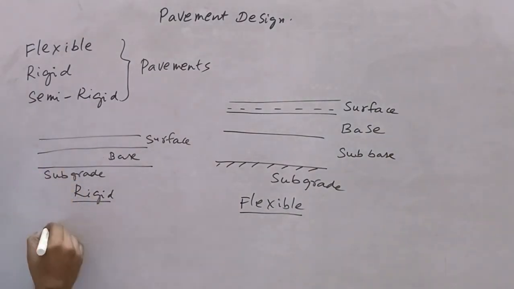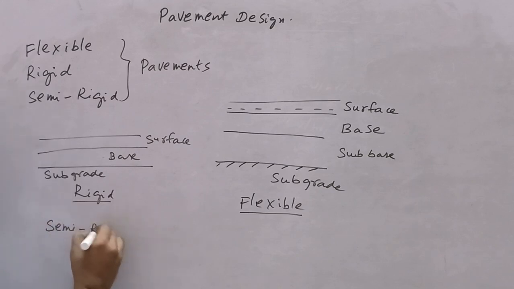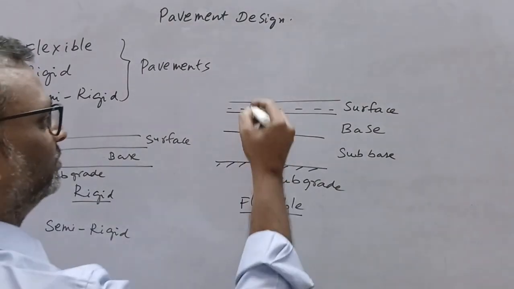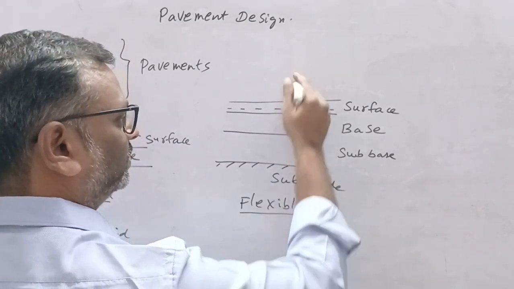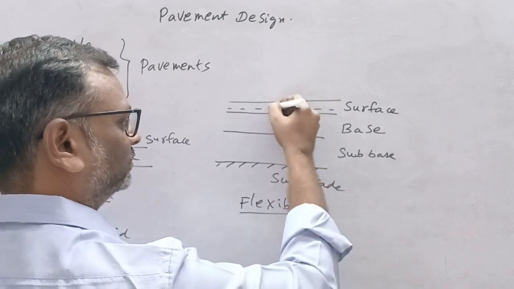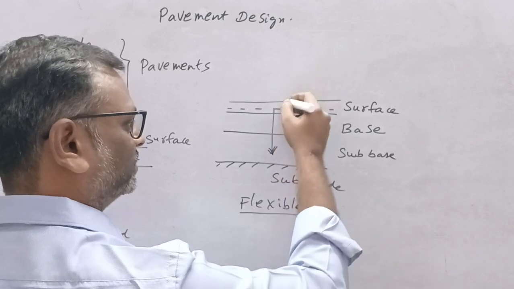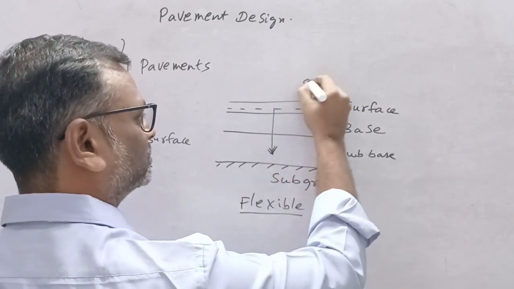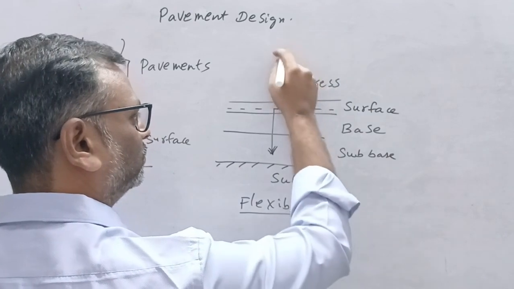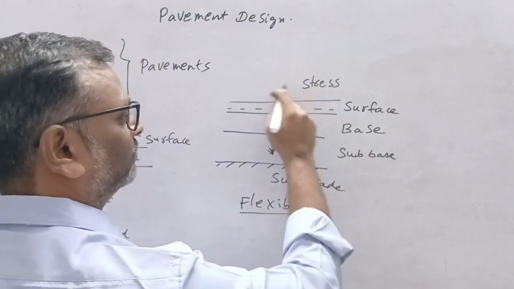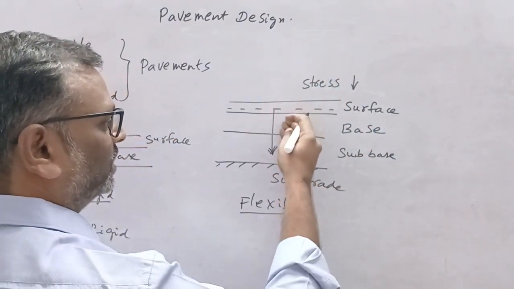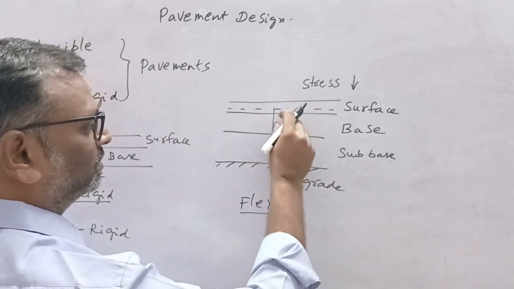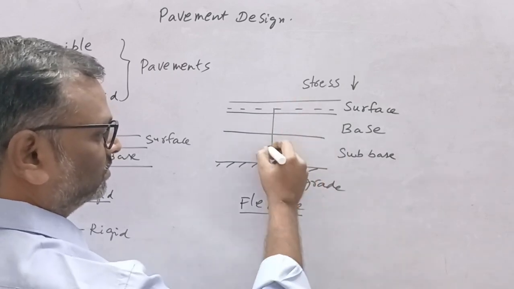And what is semi-rigid? Generally for flexible pavements, the quality of the materials used in the layers goes on decreasing as the stress decreases. The stress due to the load on top of the surface layer goes on decreasing, and similarly the quality of the components used in the layers also decreases.